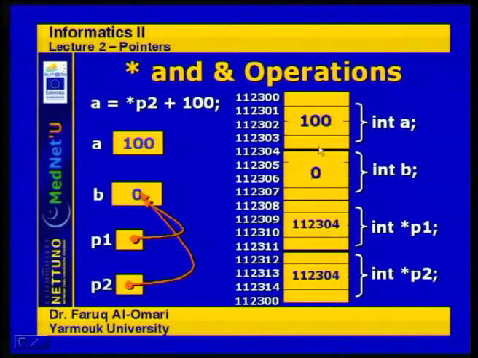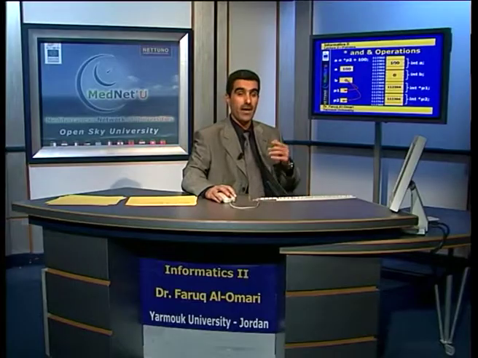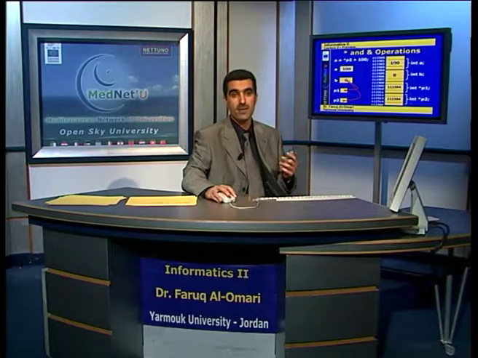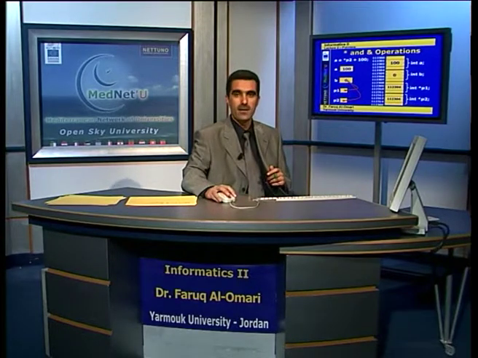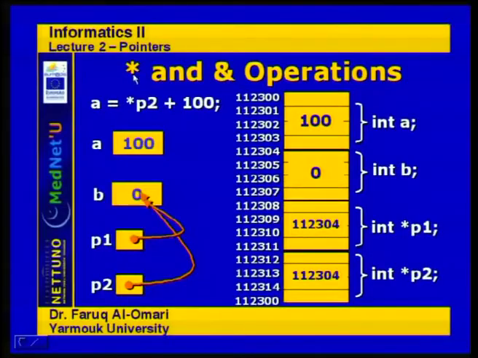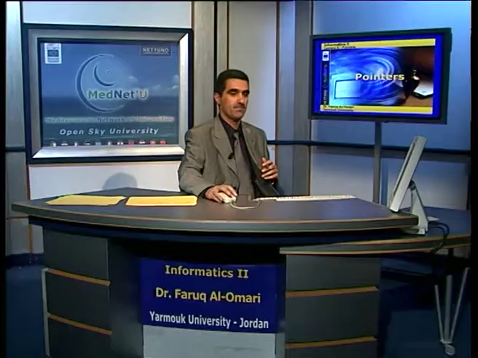So it's a 0 plus 100, so this value is going to be 100. Any valid statement can be used, as a matter of fact, although care has to be used when we use the asterisk and the ampersand operator. This refers to value, and this refers to address.